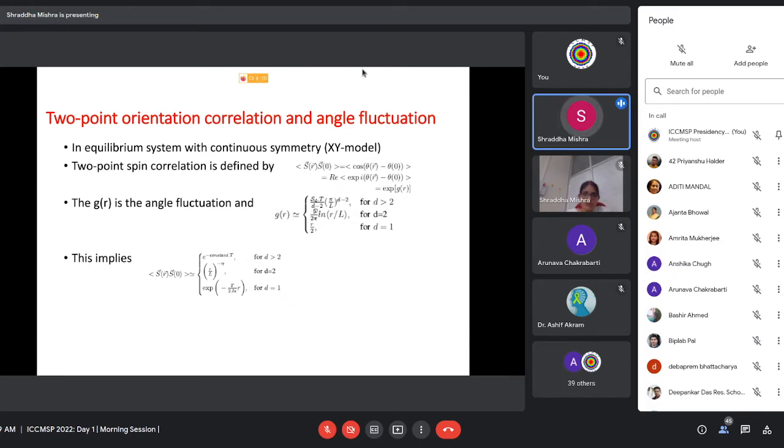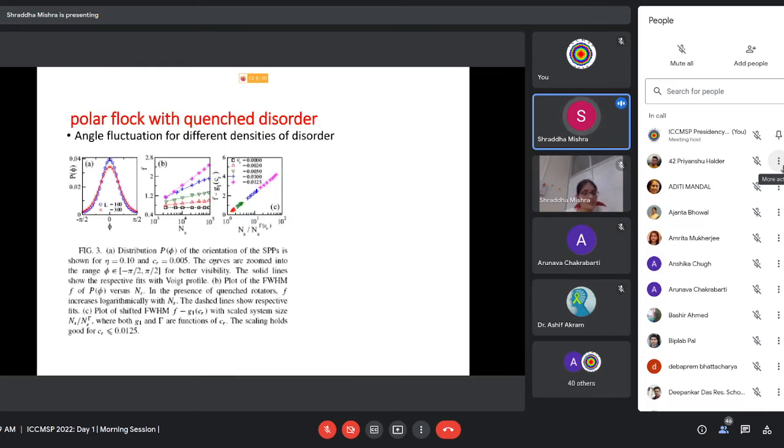The consequence is that the spin-spin correlation function is a power law, and in the XY model the power exponent is a function of the temperature of the system and the spin stiffness. In this system, we have found this power is a function of the obstacle density, for finite obstacle density.